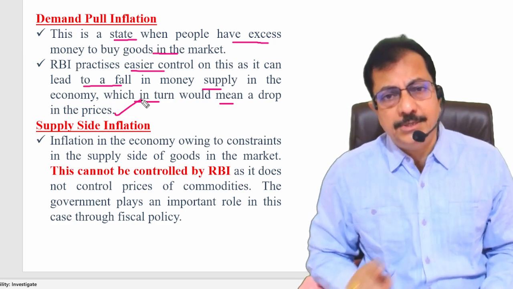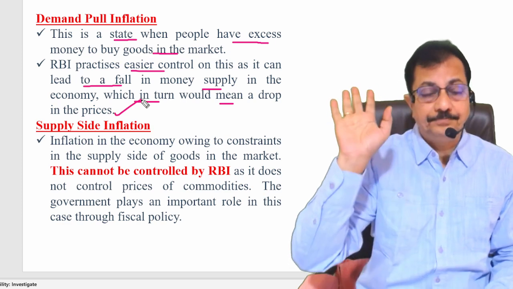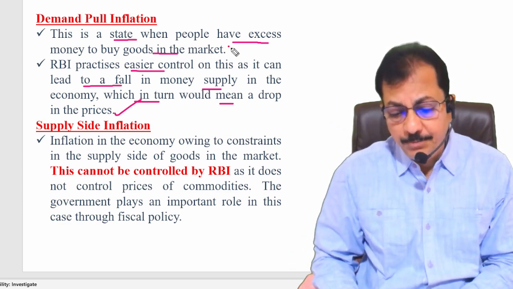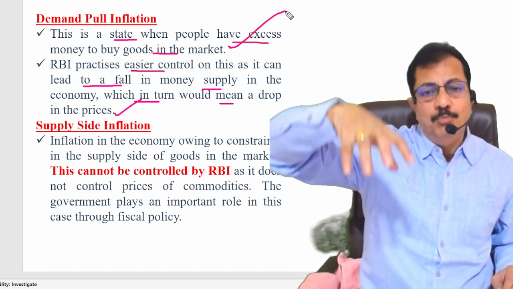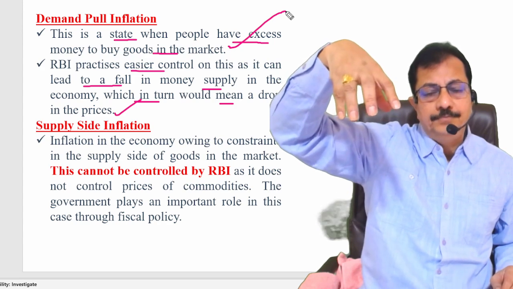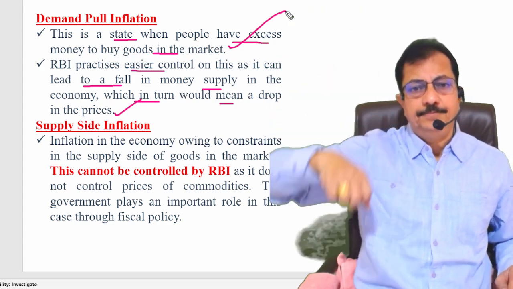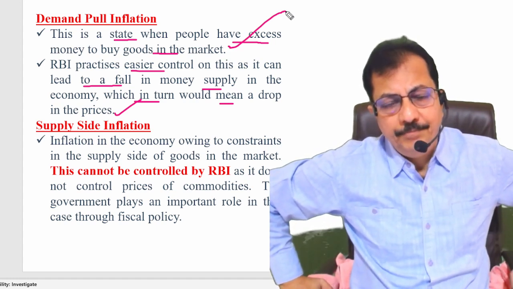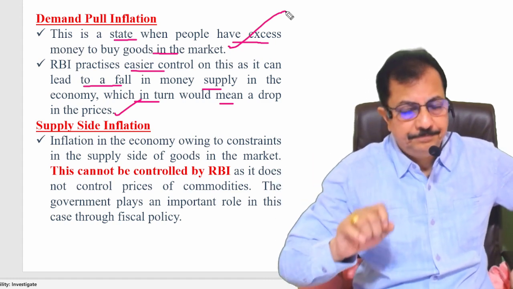These are the points that you should know. Am I clear? That I am going to tell you now. So when there is demand pull inflation, the demand is more for the goods. That is the reason why the prices are increasing. That is leading to inflation. In order to control inflation, what will happen? RBI will step in. This is demand pull inflation.